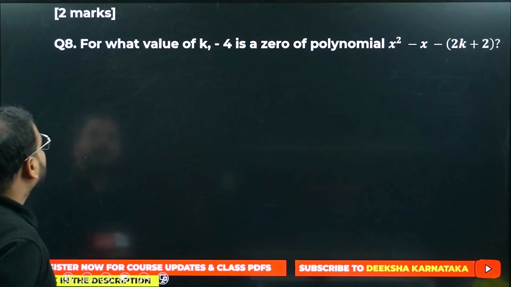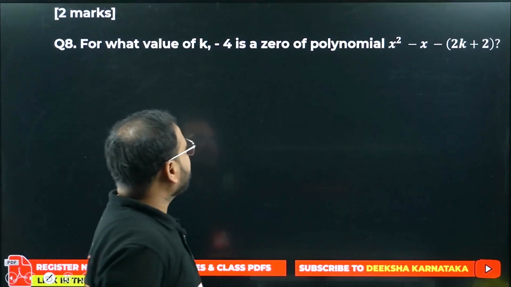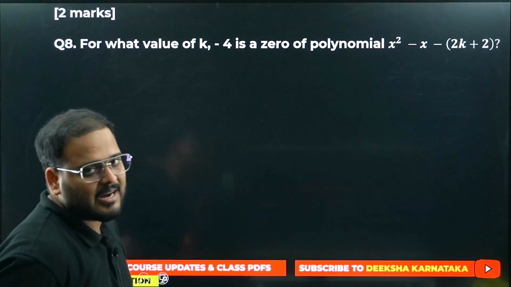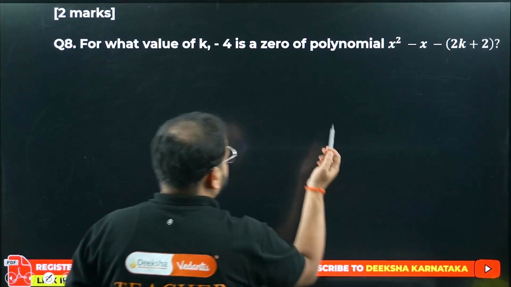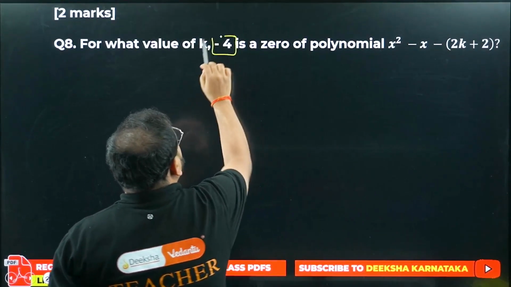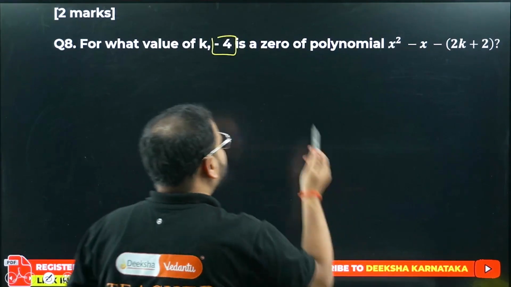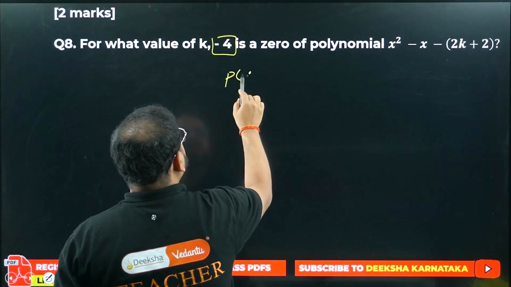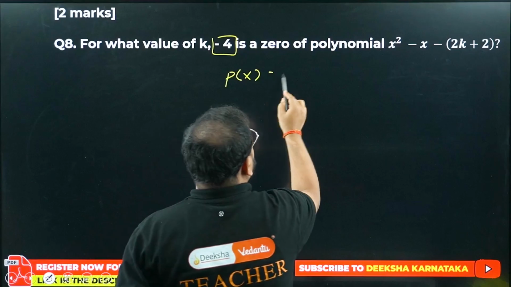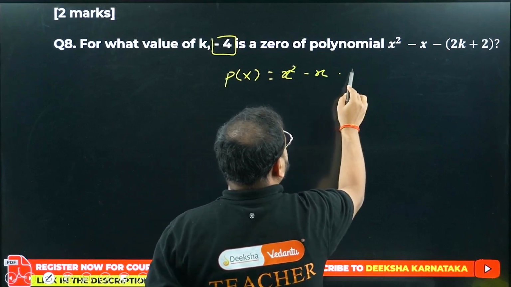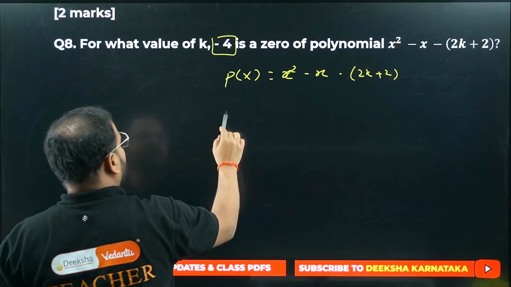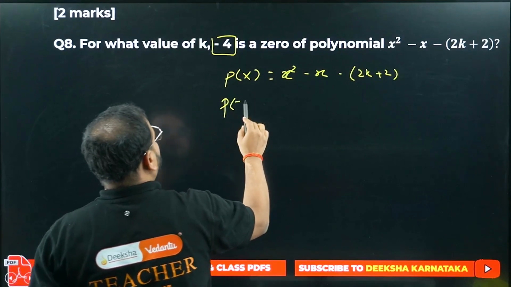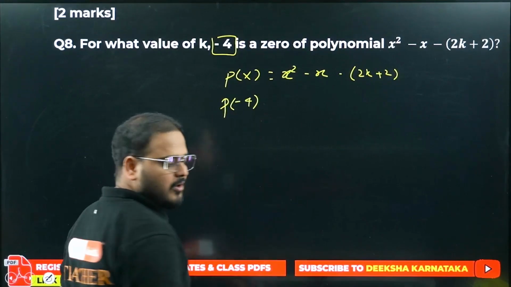Now, for what value of k is −4 a zero of the polynomial? Another category that we know. Okay, what is it? If you remember, −4 is a zero means what? It means that if I write the polynomial like this, p(x) = x² − x − 2k + 2, then if I put x as −4, what will happen?